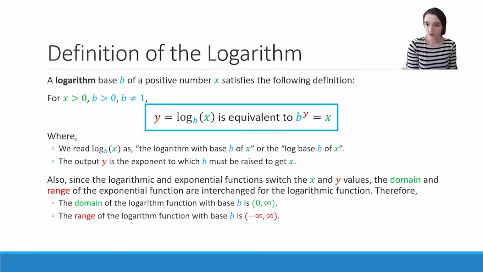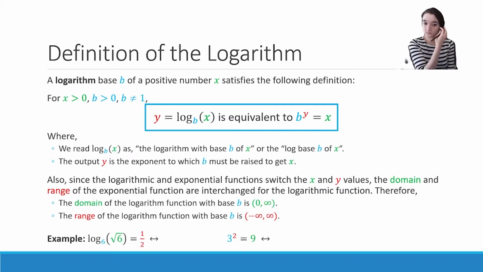Recognize that from our previous PowerPoint, we stated that the domain of any plain exponential is all real numbers, and the range is 0 to infinity. So these just flip-flop each other, because, again, that's how inverses work.